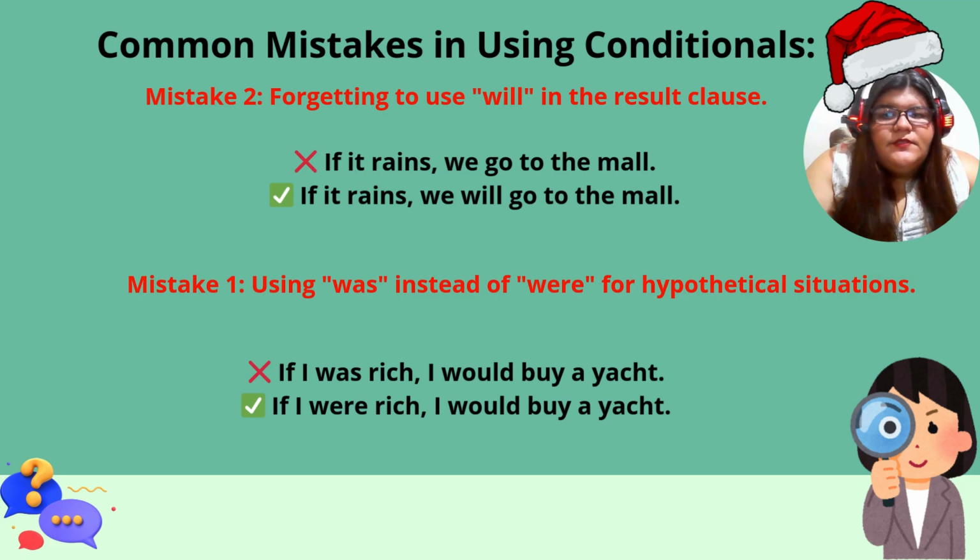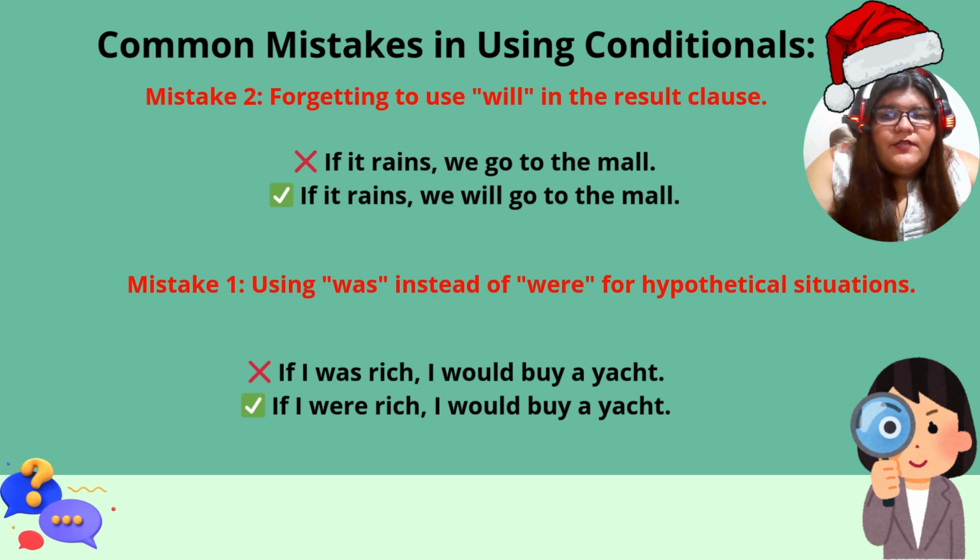Then we have mistake 3, using was instead of were for hypothetical situations. Do you remember that in one of my explanations I said that it doesn't matter the subject, we will use were. Even if it's he, she, or it, we will use were because I'm talking about conditionals.